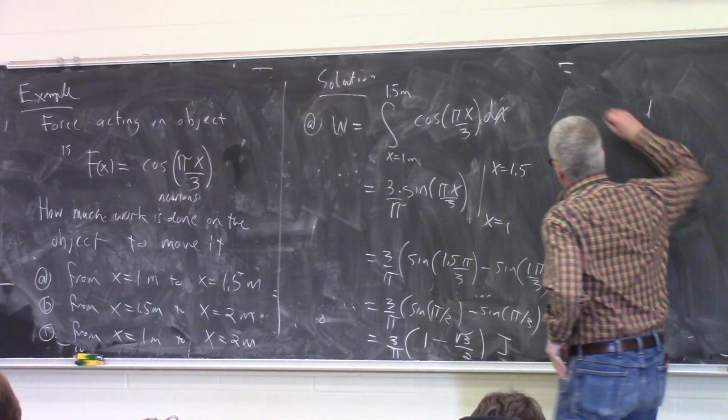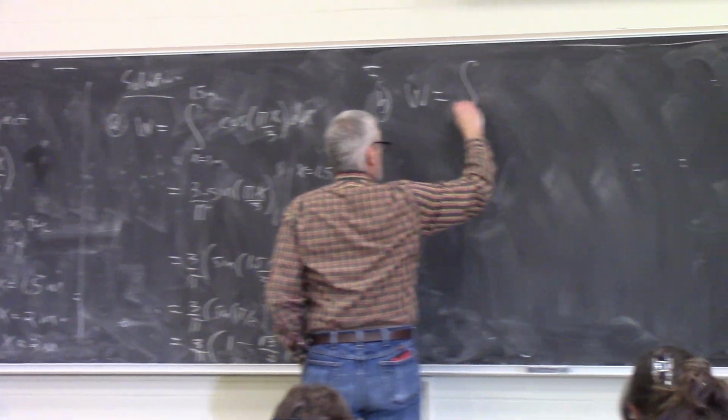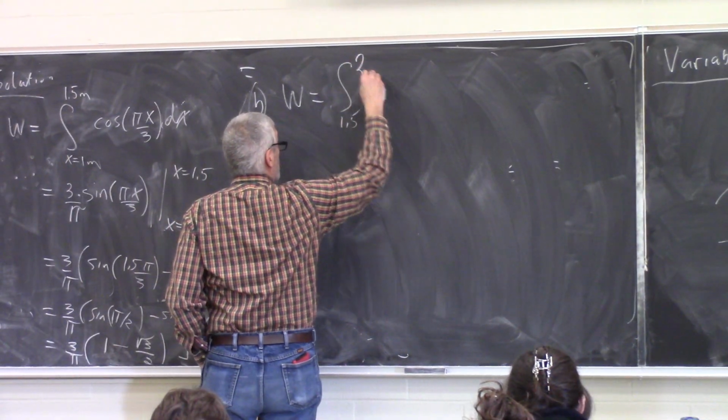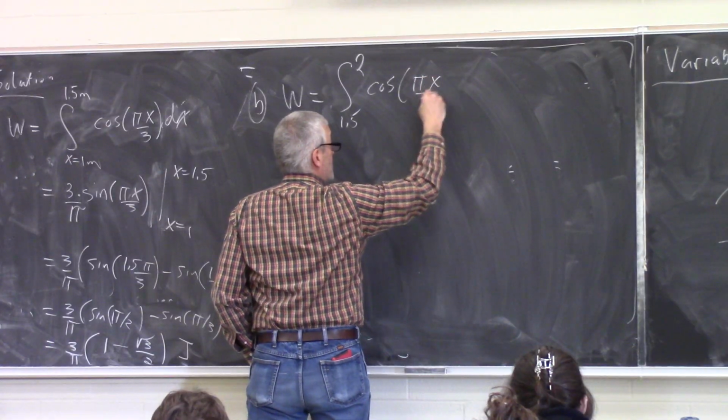Okay, for question B, it's going to be similar, but we're going to be integrating from 1.5 to 2 of cos pi x over 3.